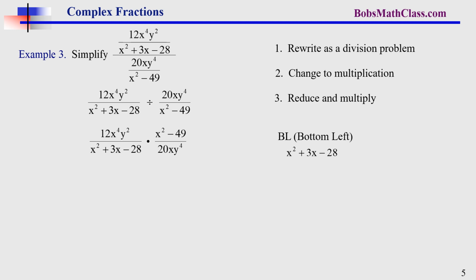Right, 7 and 4. Positive 7, negative 4. Okay, then the top right, x squared minus 49. That is the difference of two squares. 7 times 7 is 49, so it's going to be x plus 7 times x minus 7.